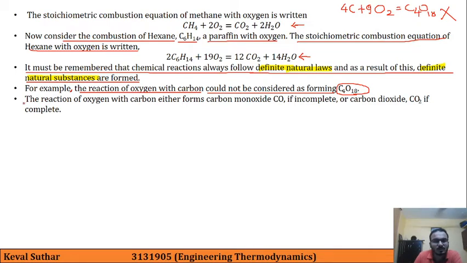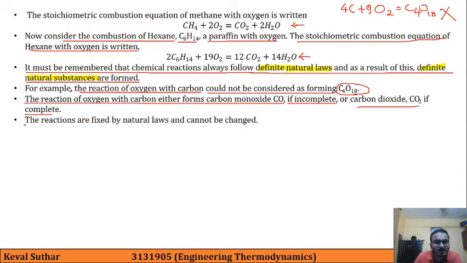Now the reaction of oxygen with carbon forms either carbon monoxide, if it is incomplete, or carbon dioxide, if it is complete. So here also one important thing is coming up: if we are having complete combustion, then we will have carbon dioxide, and if we have incomplete combustion we will have carbon monoxide. And these reactions are fixed by natural laws and cannot be changed.